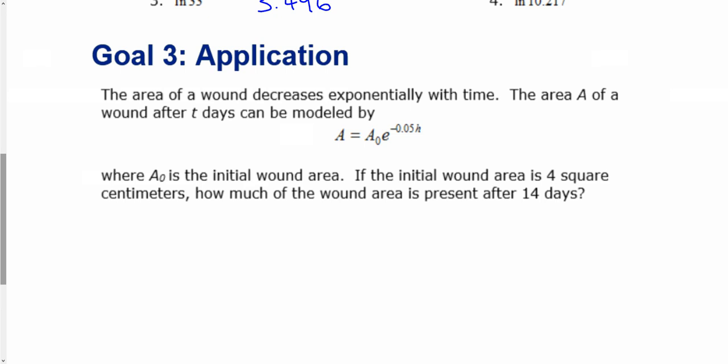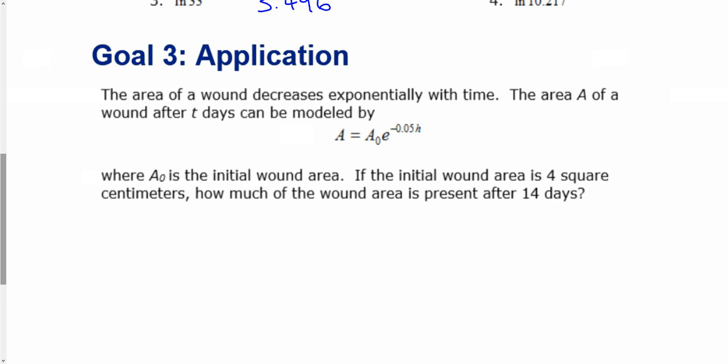So basically, they're going to give you a formula. Every formula has lots of letters in it. When you get problems that are applications, or what you call word problems, if you just count the letters, they're always going to tell you every letter's value except for 1, because it's our job to figure out the last letter.